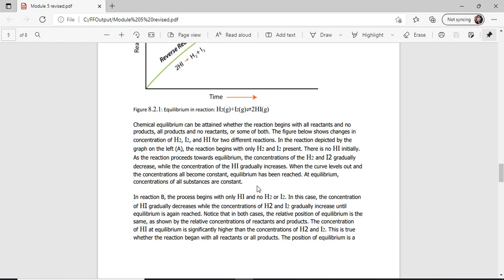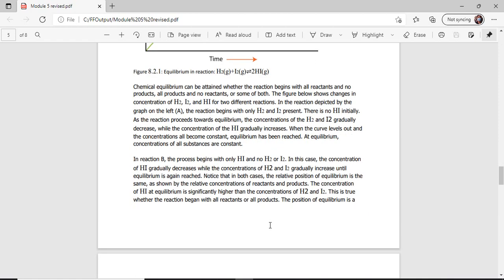In your reaction B, the process begins with only HI, and in this case the concentration of your HI gradually decreases while the concentration of your H2 and I2 gradually increases. Equilibrium is again reached. Notice that in both cases, the relative position of equilibrium is the same, as shown in the relative concentrations of your products.